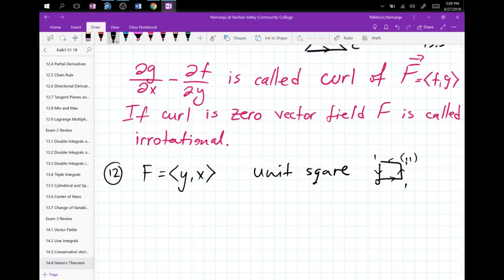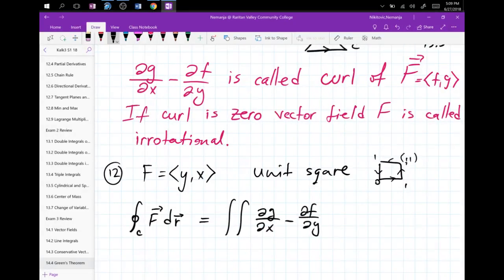So we can calculate the line integral of F dr as the double integral of the curl, and then we have dA.